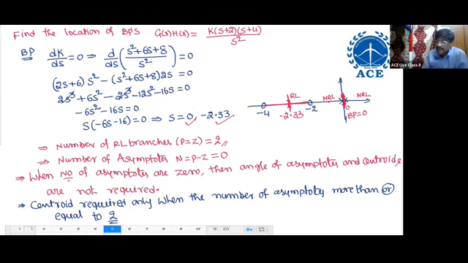We don't require angle of asymptotes, okay? So we don't require centroid. Centroid is not required when the number of asymptotes is less than 2.